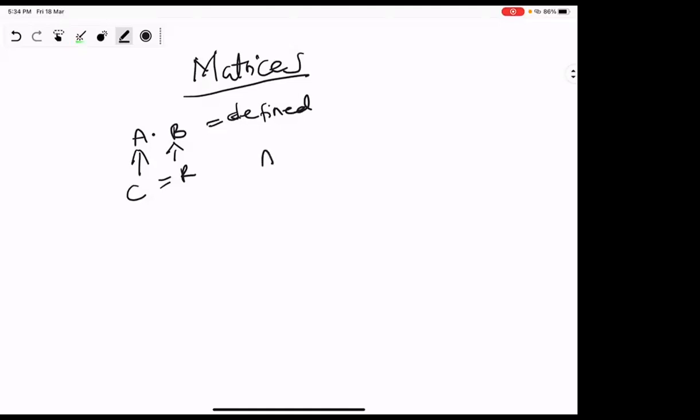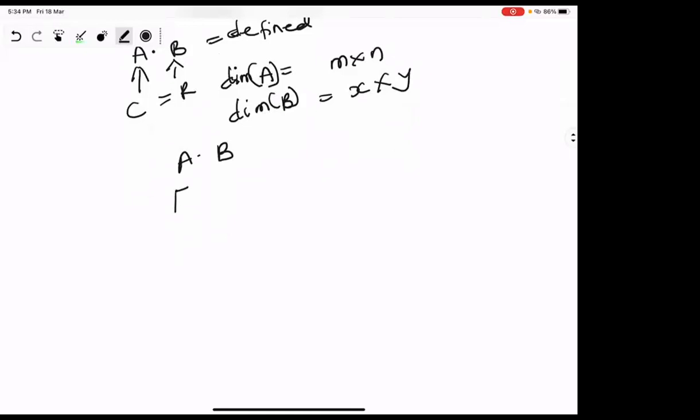So assuming that the dimension of matrix A is m by n, and the dimension of matrix B is, say, x by y, then to know whether A times B is possible or not, we write down the dimensions of the two matrices. So we write down the dimension of the first matrix, which is m by n, followed by the dimension of the second matrix, which is x by y.